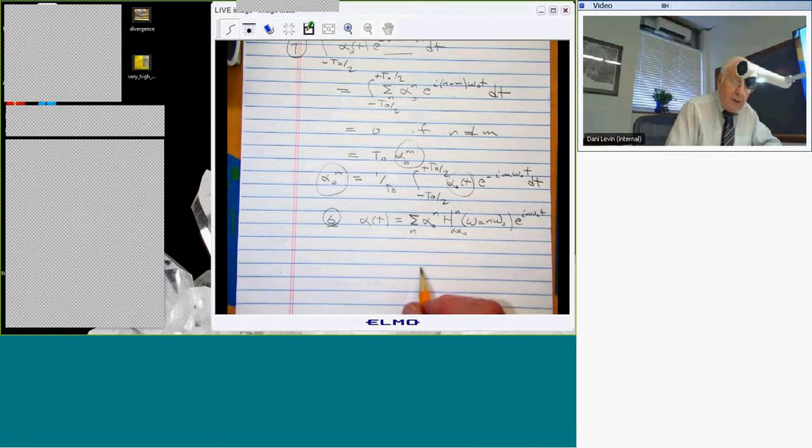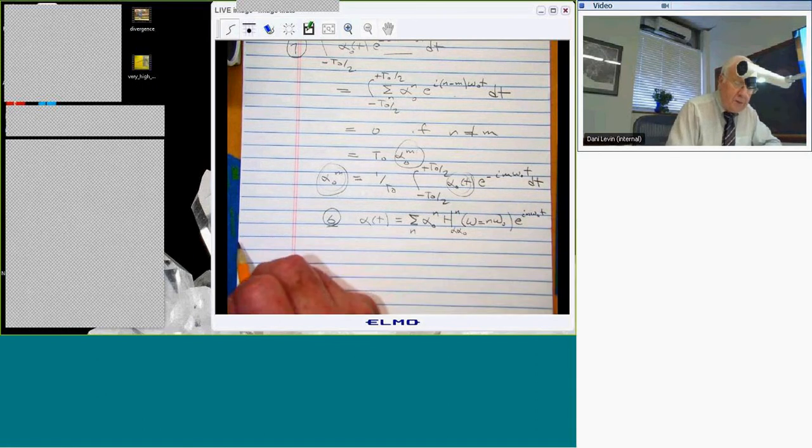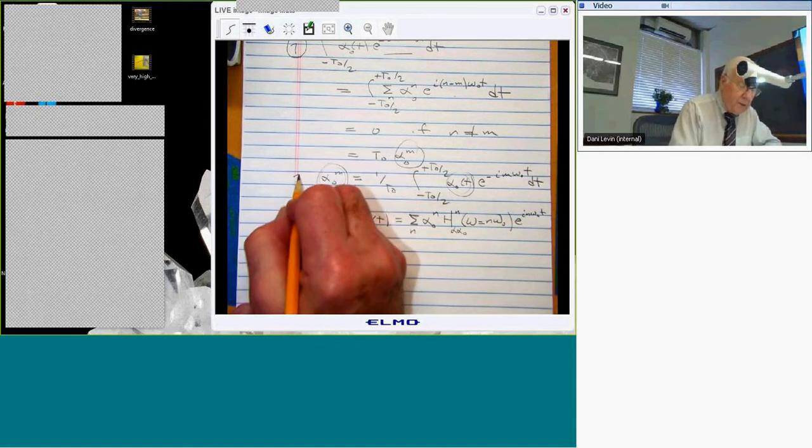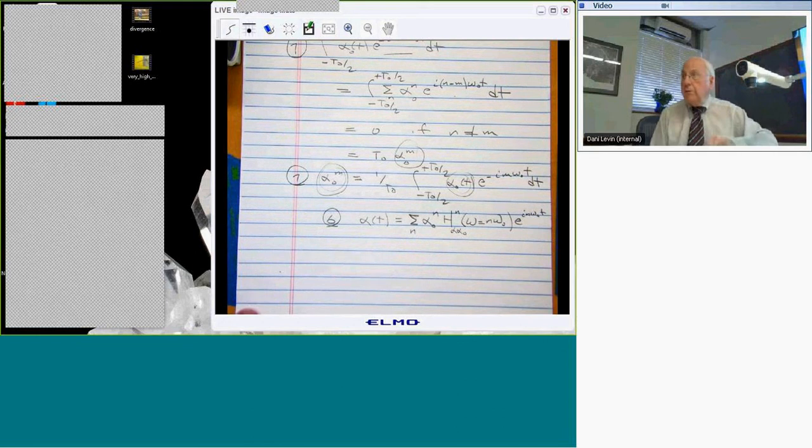Okay, you give me this, I compute this from equation 7, and then I compute alpha, and that's all over.